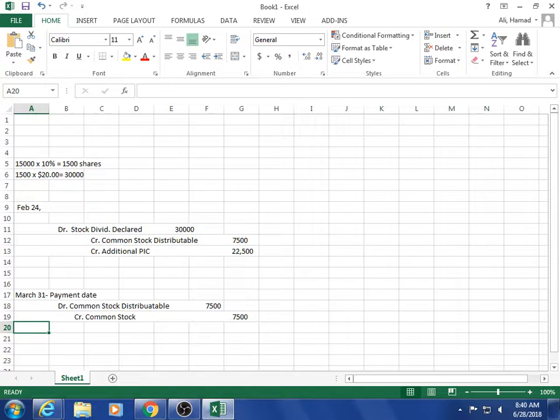The total stockholders' equity will not increase though, it stays the same. But retained earnings will go down a little bit because it's taken out of retained earnings. So it's taken out from retained earnings, you put it into contributed capital.